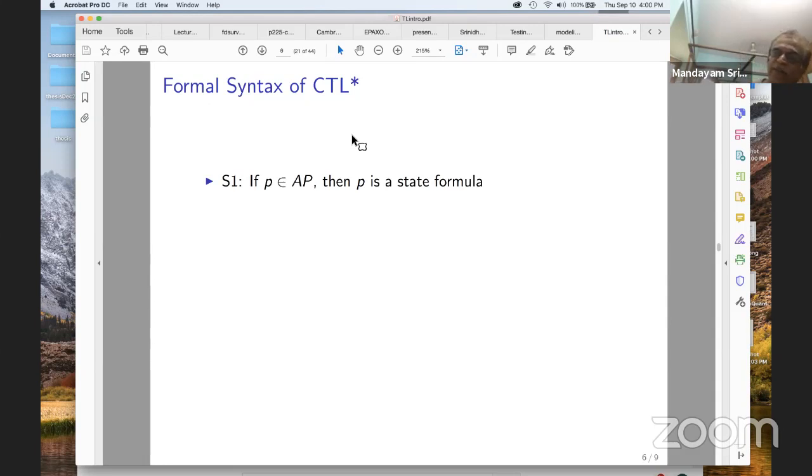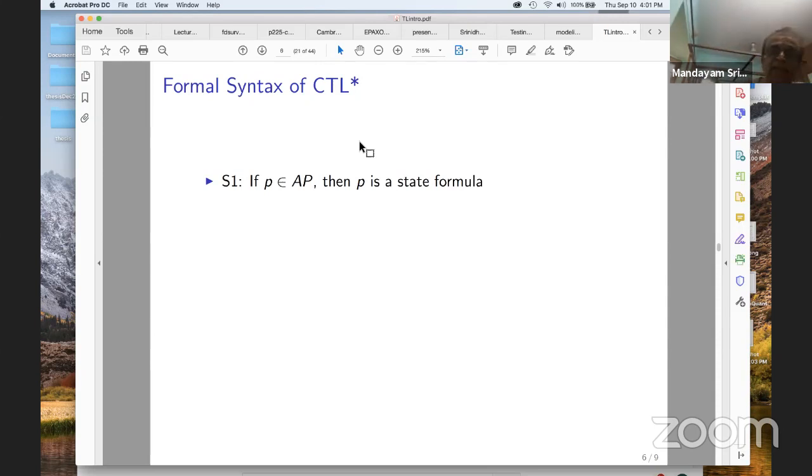And then there is a semantics part, which tells you when a formula is considered to be true or false relative to a model. So now I'm defining the formal syntax.